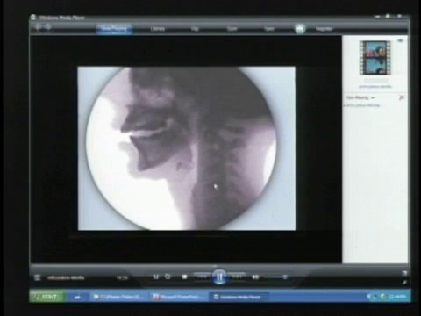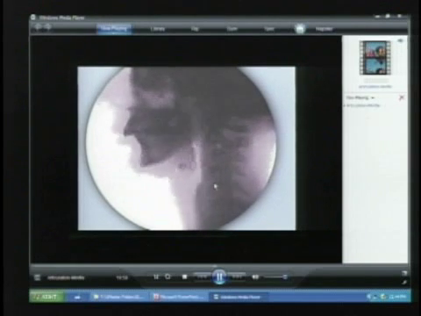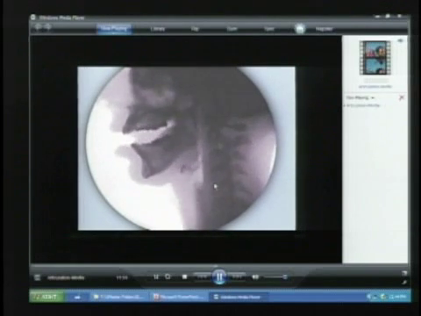Next, we see a speaker moving the body of the tongue to produce repeated ka syllables. Because the structure of the tongue is a continuous mass of muscle tissue, movements of one portion affect movements of the remainder.